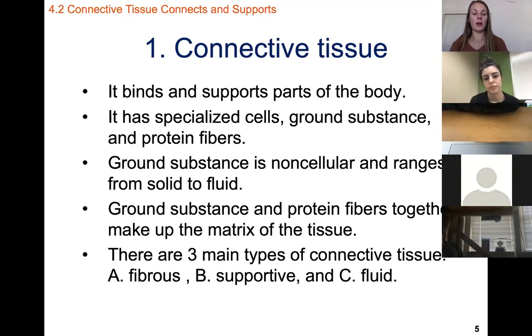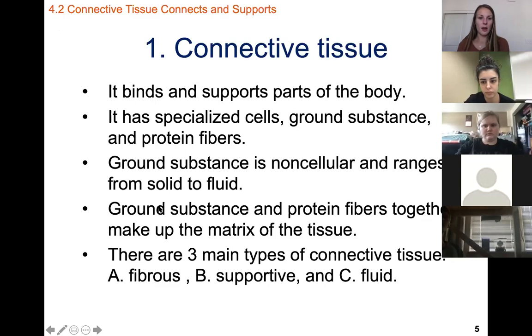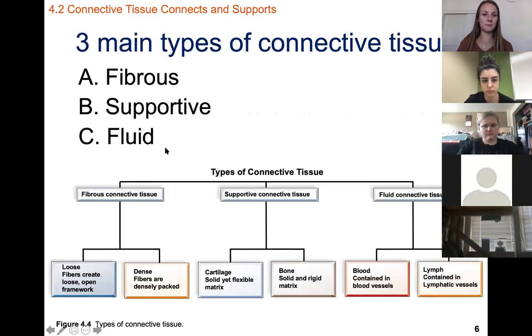These are the ground substance and protein fibers that come together to make up the matrix of the tissue. This is a complicated one to explain because it's a tissue that we all have, but we don't really think about it very much. It ranges from solid to fluid, and we'll talk about some of those in a second.